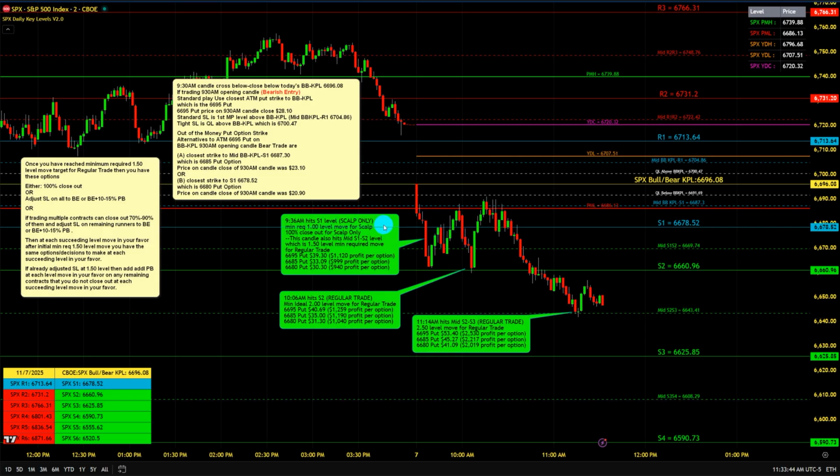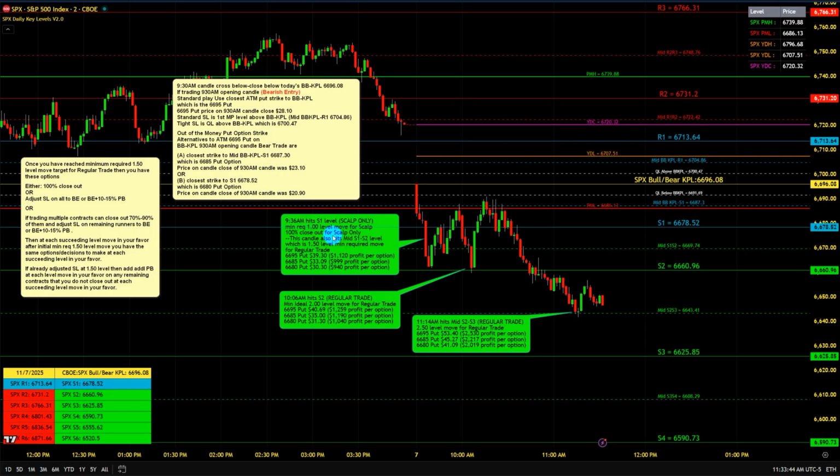The one level is calculated by the level that you're trading from, in this case the bull bear KPL, and the direction that you're trading. This is bearish, so we're trading down. One full level down from the bull bear KPL is S1. So S1 is your target exit for a scalp. On scalp trades, they are 100% closeout only.